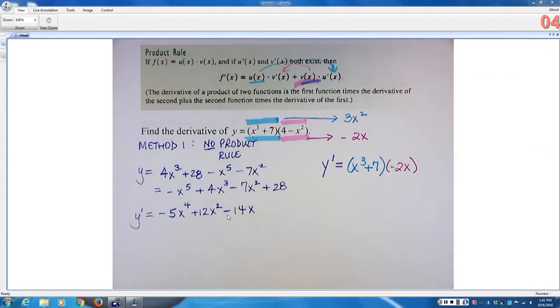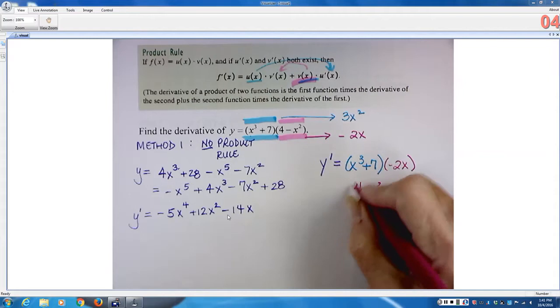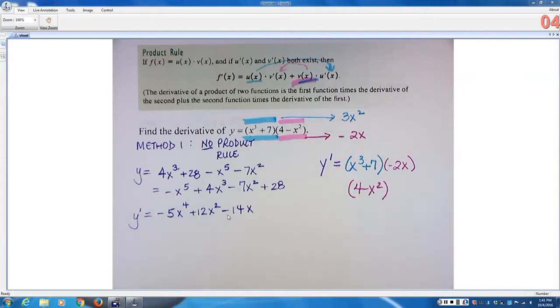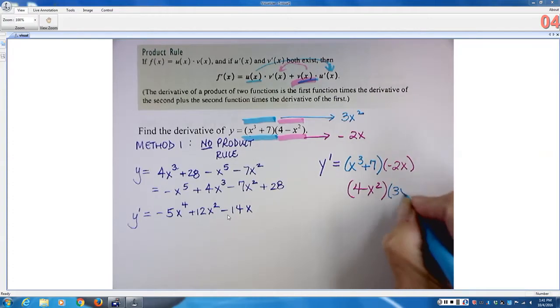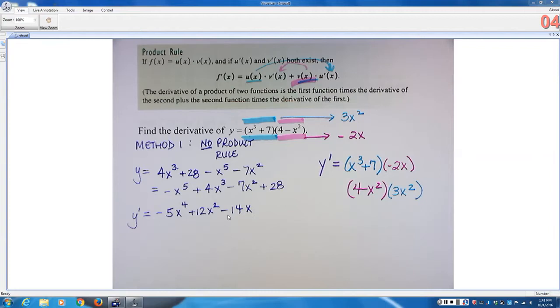That's negative 2x. And then we take the second part of the product, 4 minus x squared, and we multiply that by the derivative of x cubed plus 7. And then we add those together.